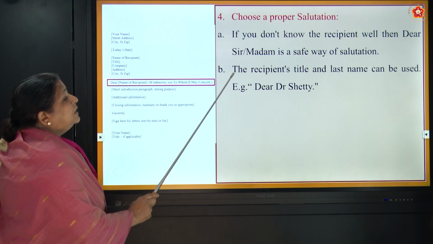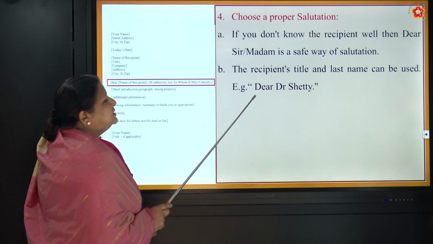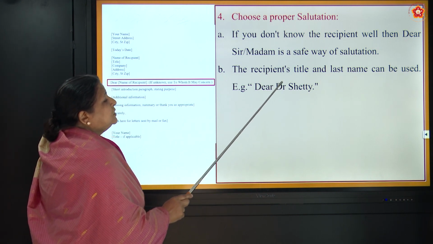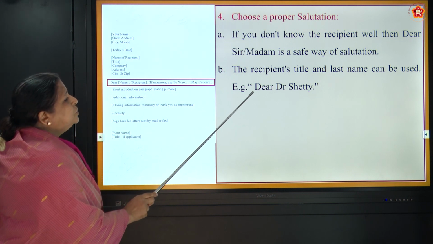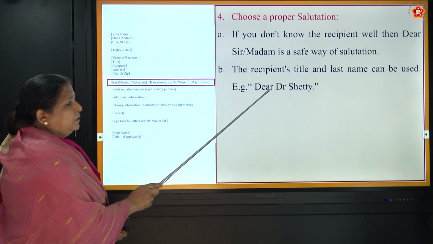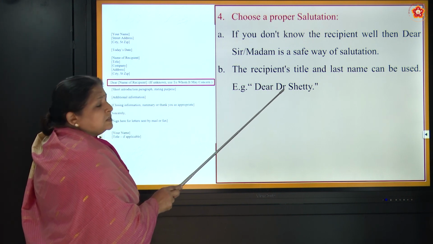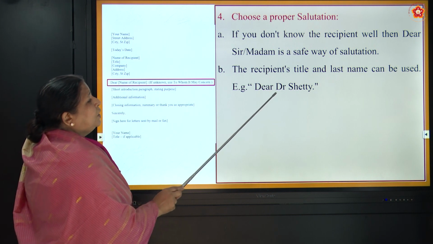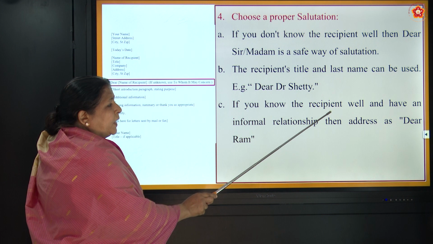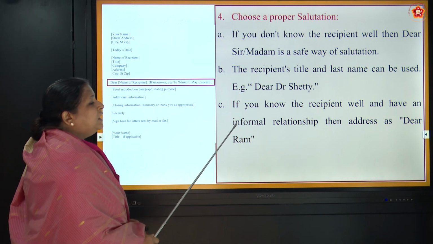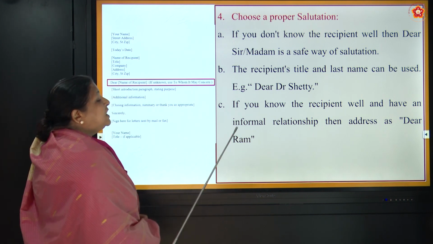The recipient's title and last name can be used, for example, Dear Dr. Shetty. If you know the person, you write Dear, then the title, that is, he is a doctor, so Dr. Shetty. If you know the recipient well and have an informal relationship, then address them as Dear Ram.